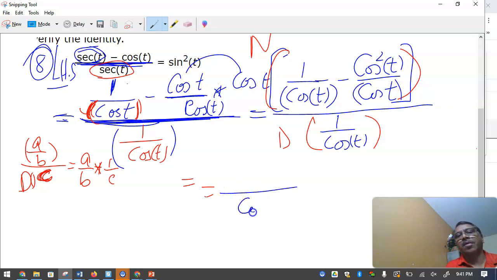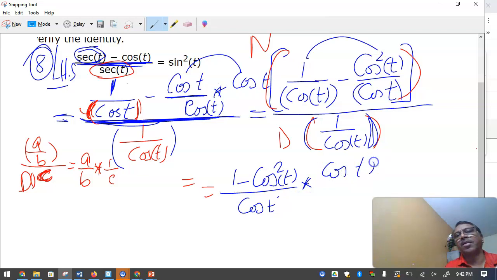So that becomes cosine of t, and the top one is 1 minus cosine square of t, and this is the denominator which will be flipped. So I put cosine of t and divide by 1. And you notice there is a cosine in the numerator and the denominator which we can get rid of. So what I'm left with is 1 minus cosine square of t.